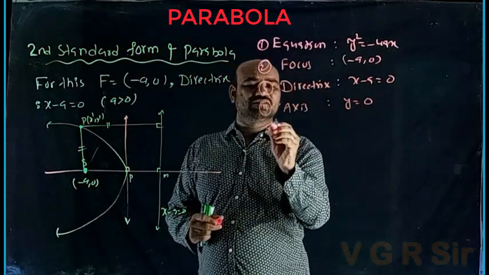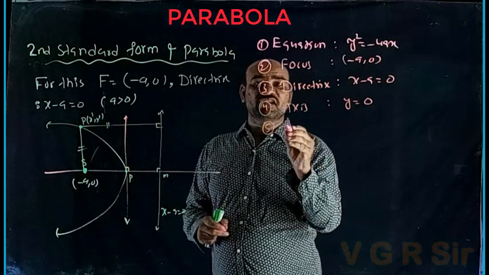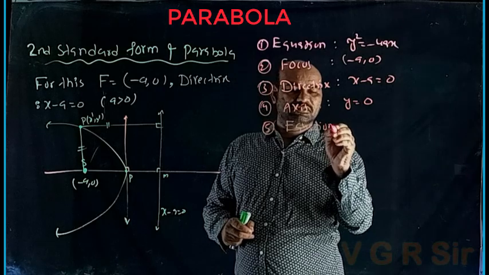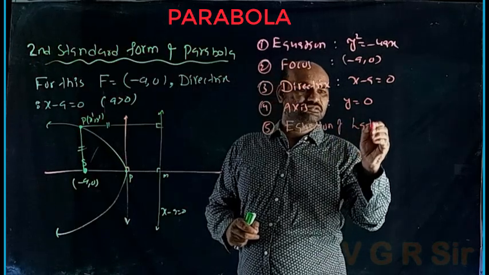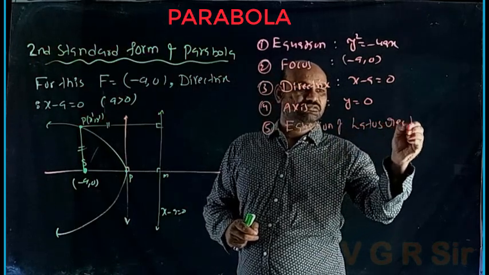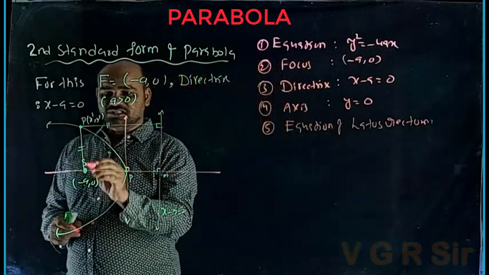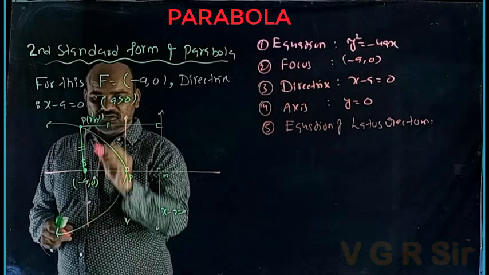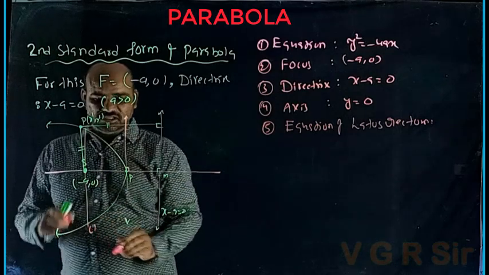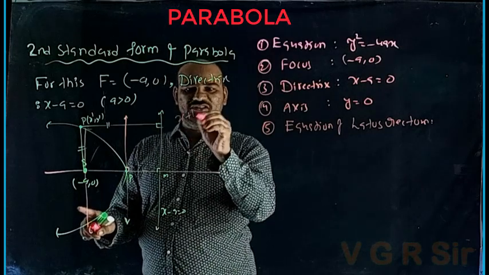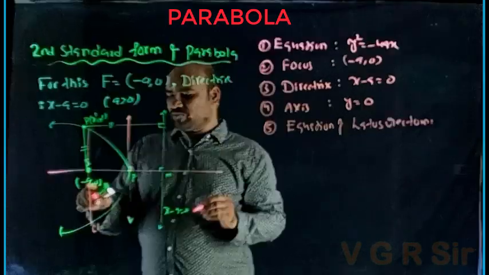Okay. Fifth one, equation of latus rectum. So this is a latus rectum L dash. Again same, this is parallel to the directrix, so also in the form of x plus k equal to 0 only. It passes through the focus minus a comma 0.